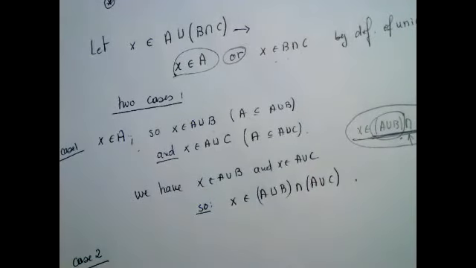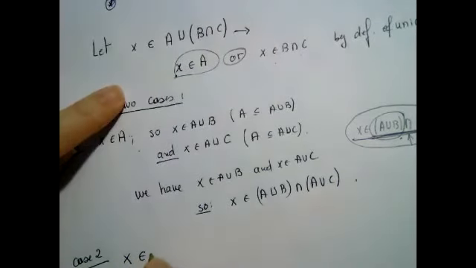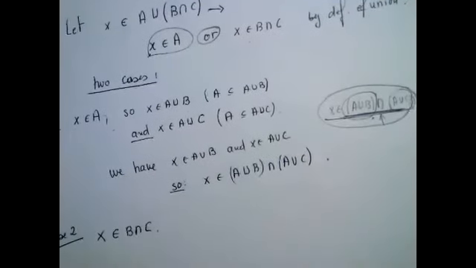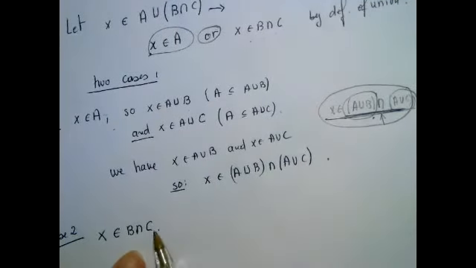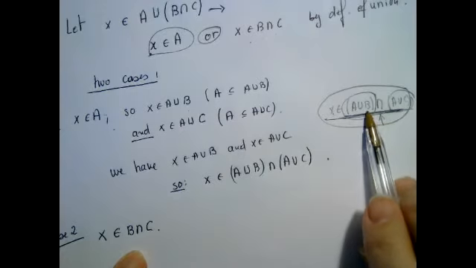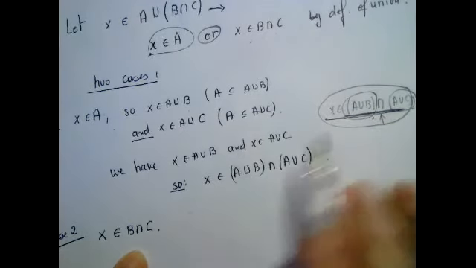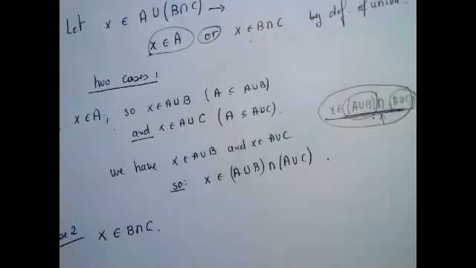So case 2 is, let us say, X lands in B intersects C. You have to convince me why, if it's in B intersects C, it has to be in here. So connect the dots, really connect the dots. Okay, get going. Who would like to take over?